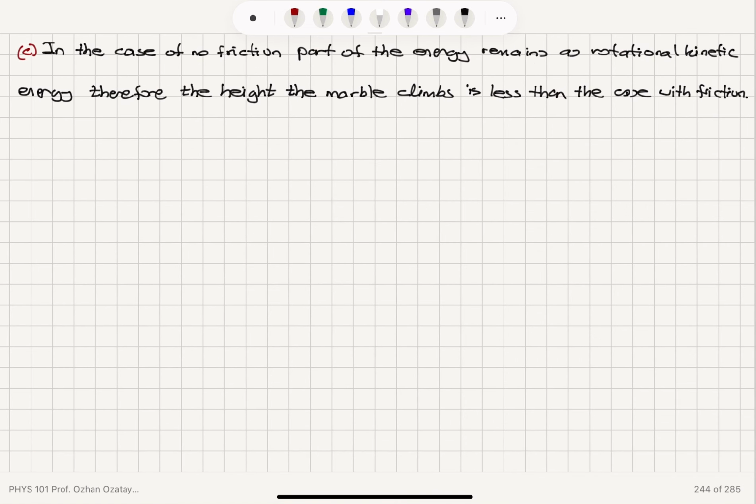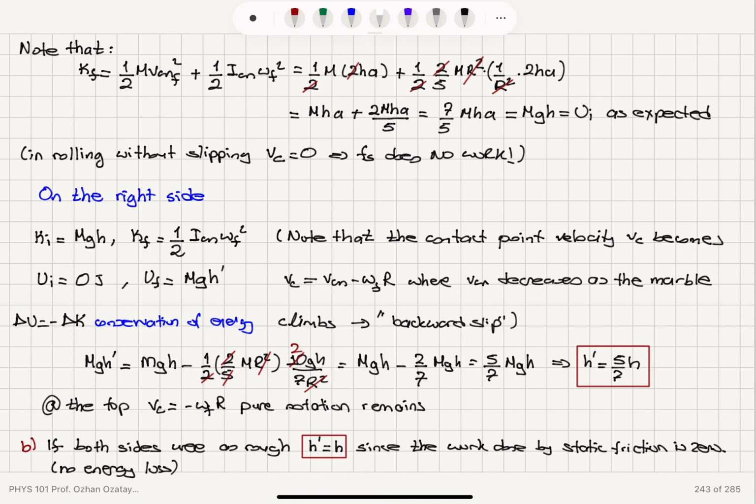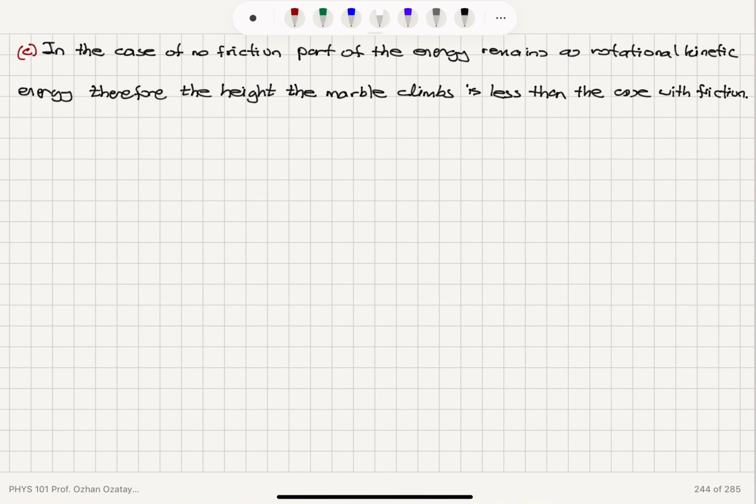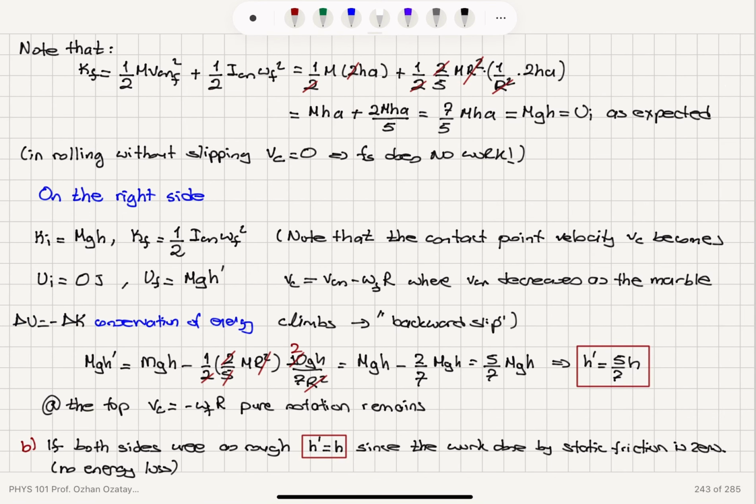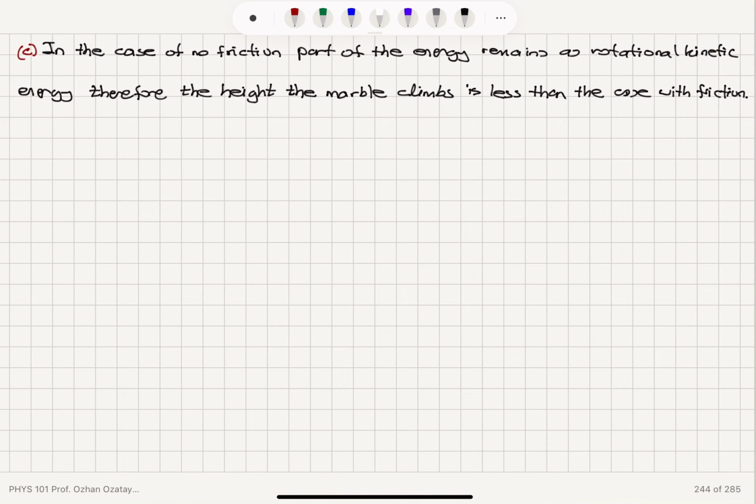But in the case of no friction, we have part of this energy remaining as the rotational kinetic energy of the marble, because basically no friction is acting on the system, so the rotation remains. So we will have a part of the energy given to rotational kinetic energy. Therefore, the height that we reach in the case with no friction is less than the case with friction.